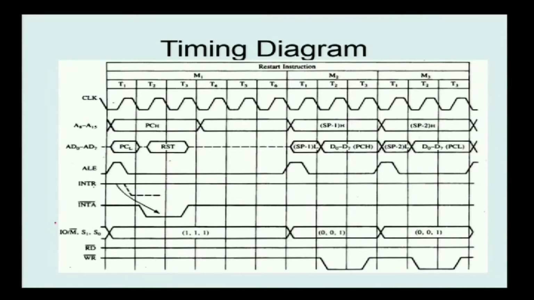Suppose we are writing the RST instruction at 4028. Suppose you are writing the interrupt as EF. So, here 28, here 40. This is the program counter address where the program continues the execution. Then we have to write the opcode here, EFH.